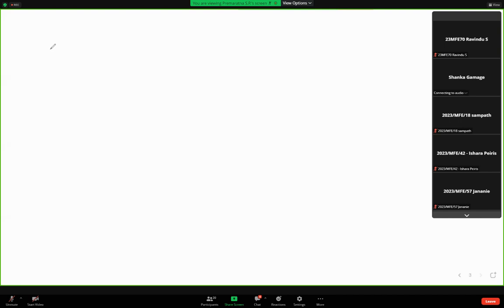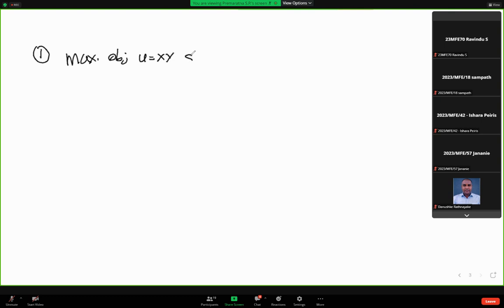For example, in the maximization, the objective is utility maximization. We take a utility function as usual, subject to the budget constraint. There we can derive the maximum value function.